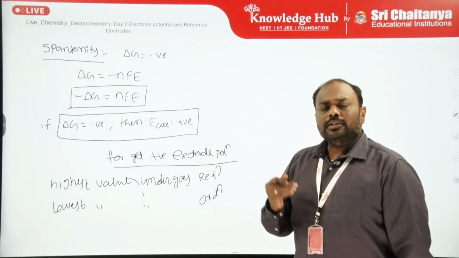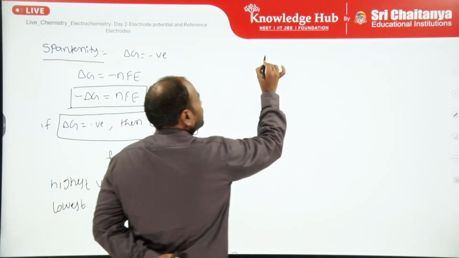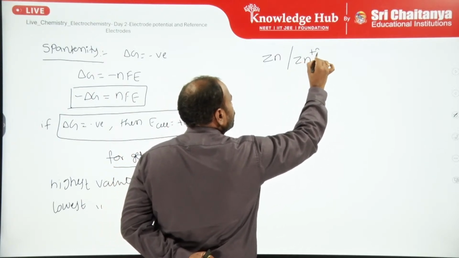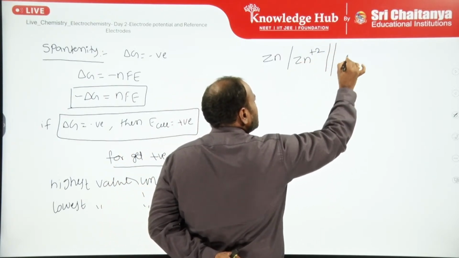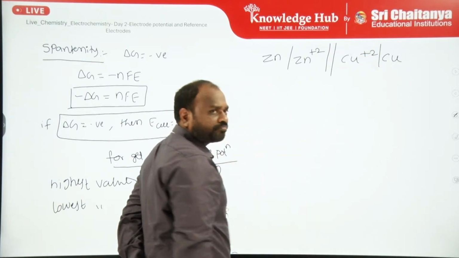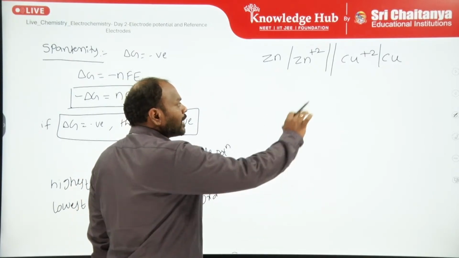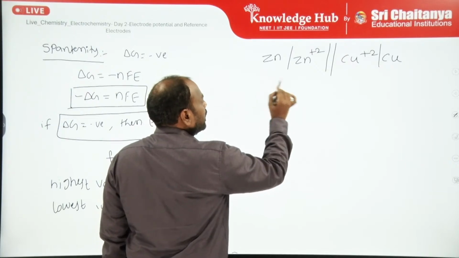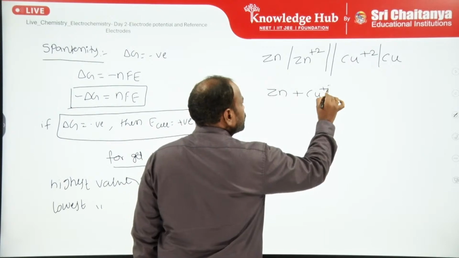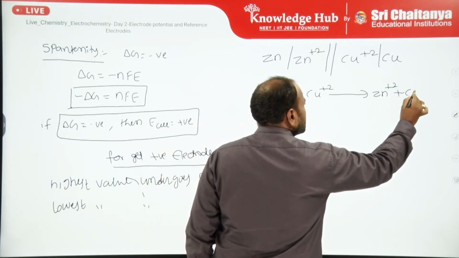In the last session, we discussed the galvanic cell. The galvanic cell reaction is Zn going to Zn2+, two parallel lines, Cu2+ going to Cu. This we already discussed. If you write the overall reaction, Zn reacts with Cu2+ to give Zn2+ plus Cu.